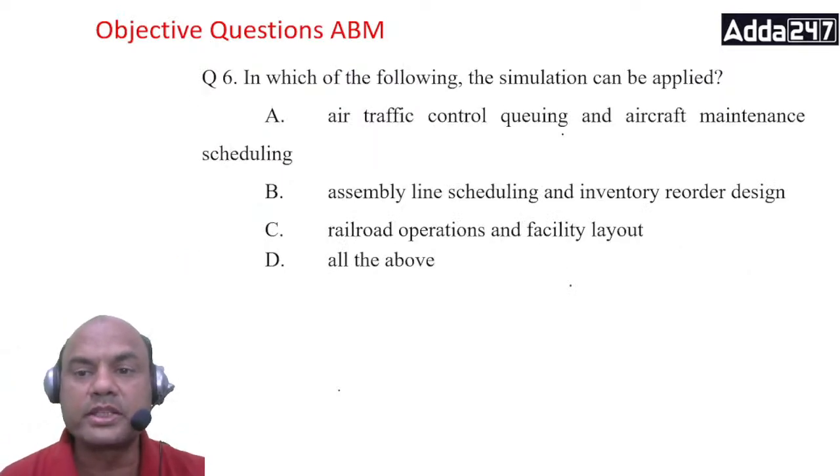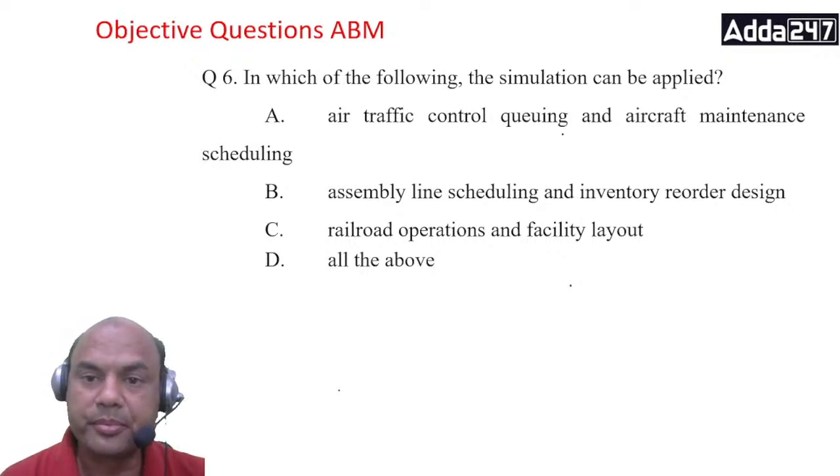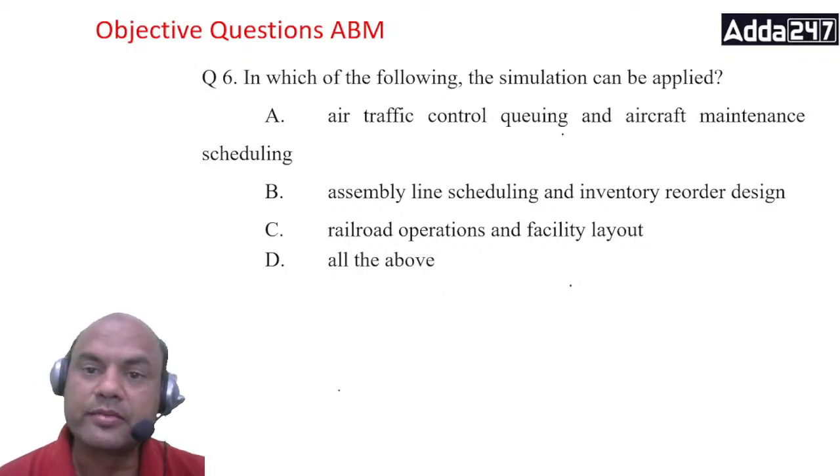In which of the following simulation can be applied? So where can the simulation be applied? Air traffic control, queuing, and aircraft maintenance, assembly line scheduling and inventory reorder design, railroad operations and facility layout, and all of the above. Simulation means what? What did we study about simulation now?